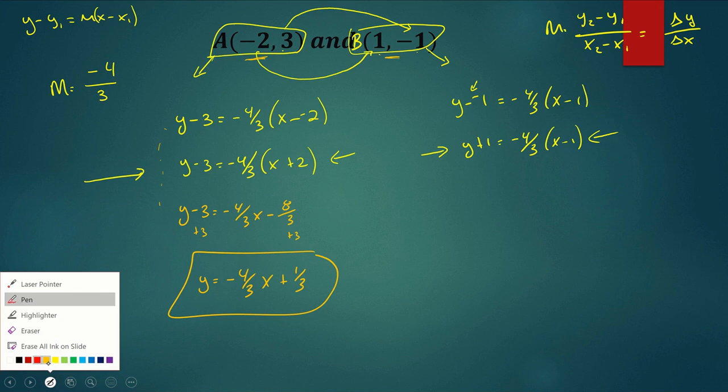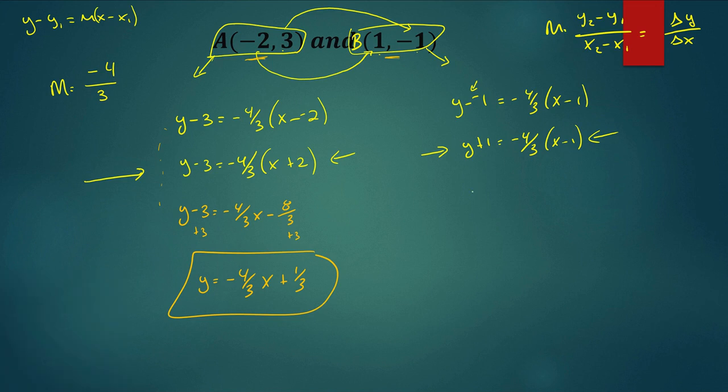But we're taking it a little bit further to show you that we get the same thing. So if I keep simplifying, that means distribute. So that's -4/3 x minus 4/3. Subtract 1, let me back up. A negative and a negative makes that a positive. Subtract 1, we get y equals -4/3 x, minus, just kidding, plus 1/3.